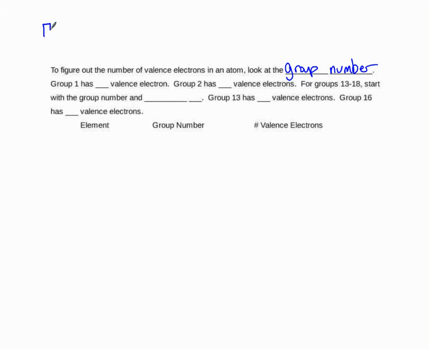If the top of the periodic table looks something like this, you've got 1, 2, 3, 4, 5, 6, and so on, until all the way over here, we get to 18.